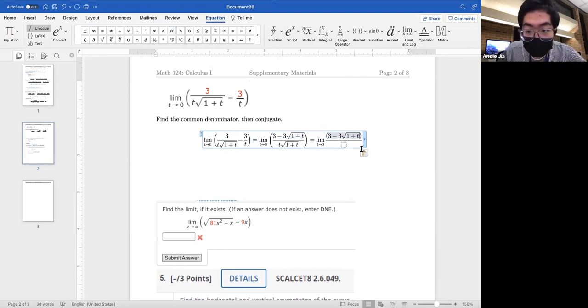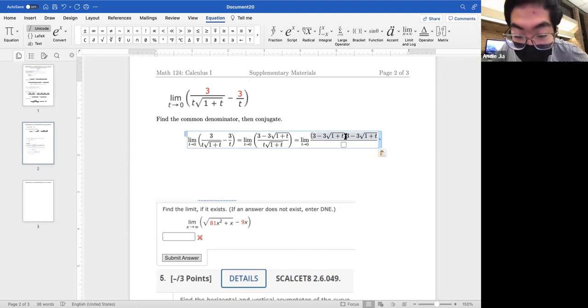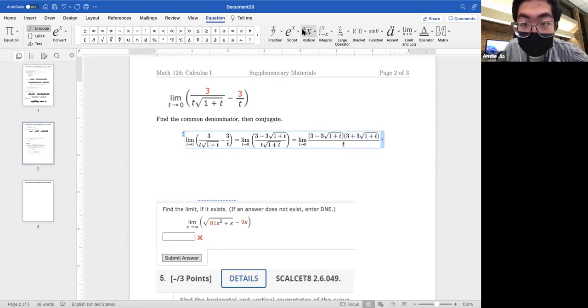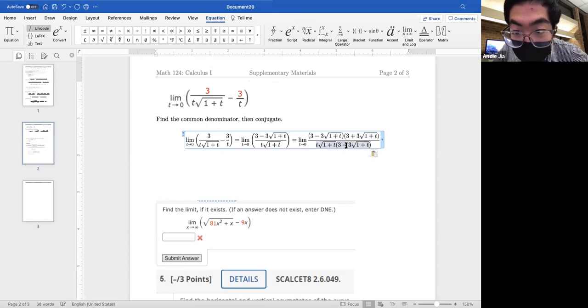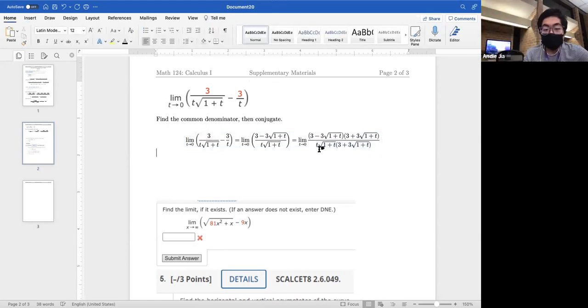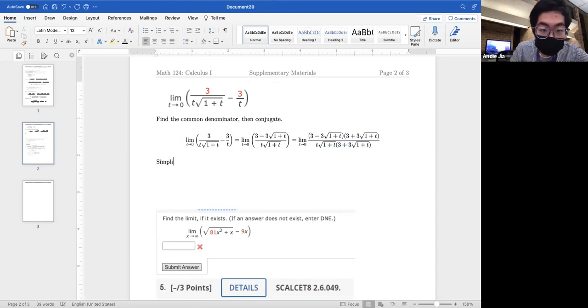Conjugate is going to be minus. Make sure to multiply plus, it'll be t multiply 1 plus t, and this plus. Simplify the expression.